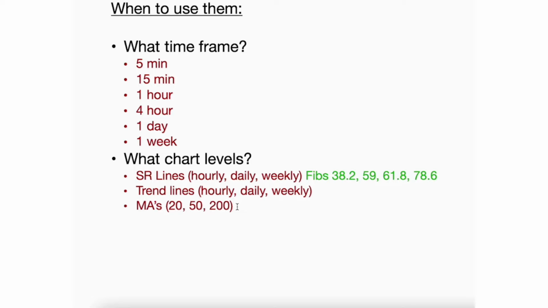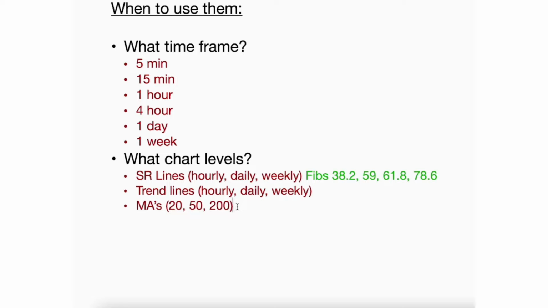But if you want to put moving averages on, those are the ones that you could put on: 20-period moving average, 50-period moving average, 200-period moving average. Don't worry about exponential moving averages and weighted moving averages and all of that sort of thing too much. If you're trading stocks, you might want to look at the volume weighted moving average, or VWAP, volume weighted average price.